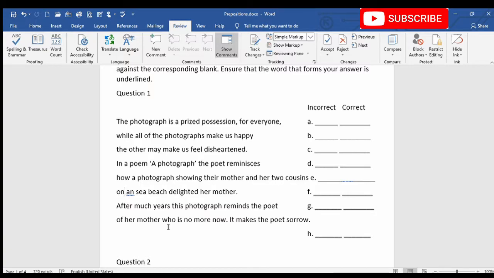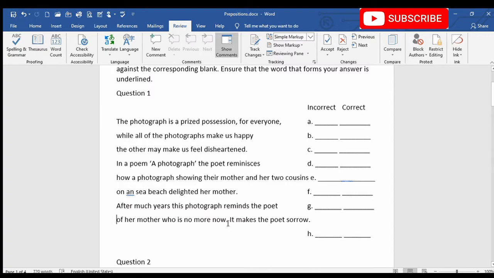So, anything that can be counted, we use the word many, not much. So, the mistake here is in the word much. This adjective has to be changed to many. After many years, this photograph reminds the poet of her mother, who is no more now.